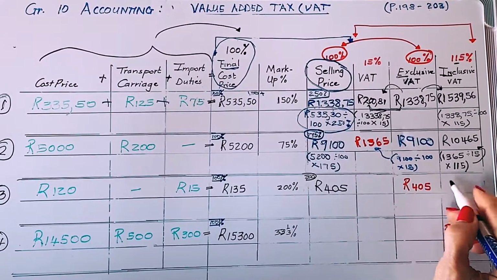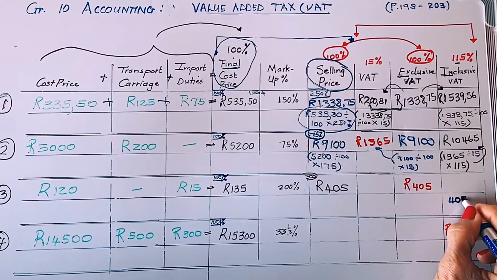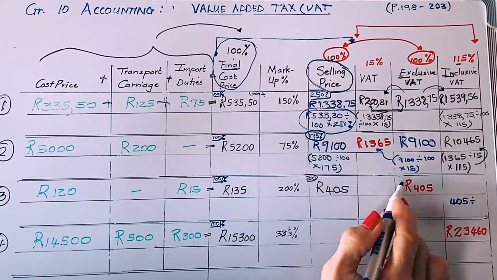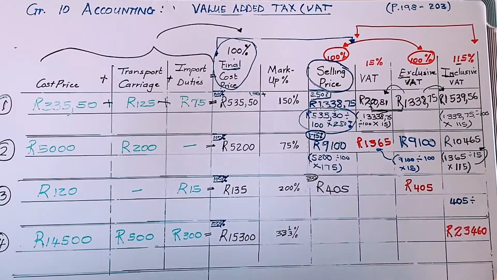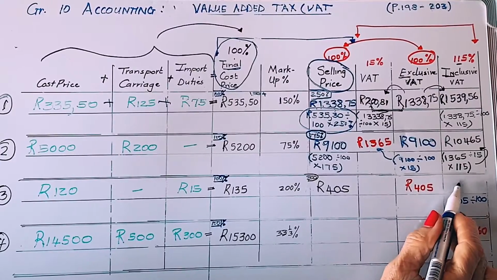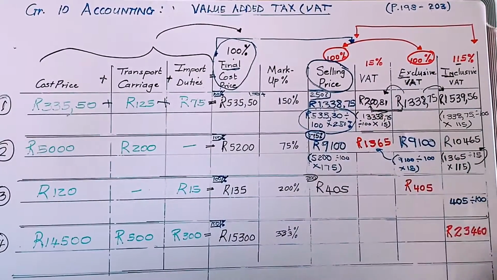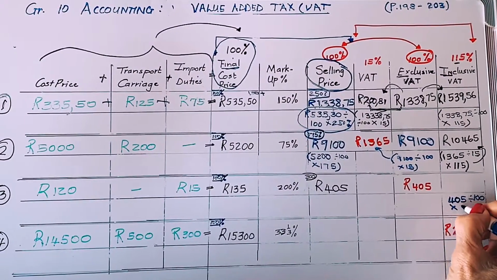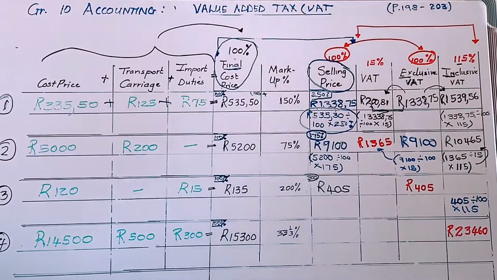I start with the given amount, which is the exclusive amount. I divide it by the percentage of that exclusive amount, 100. I want to calculate the inclusive amount, therefore I will times it with 115.